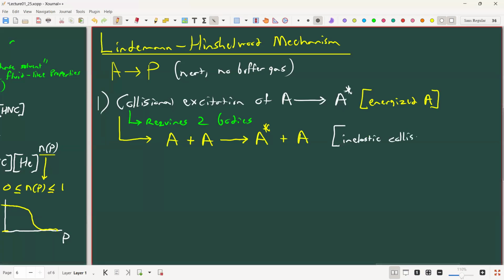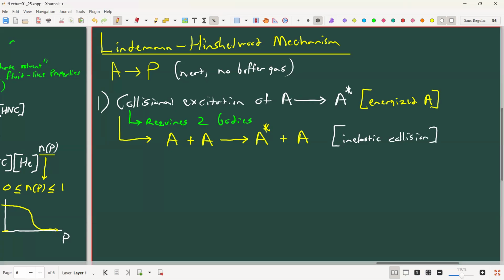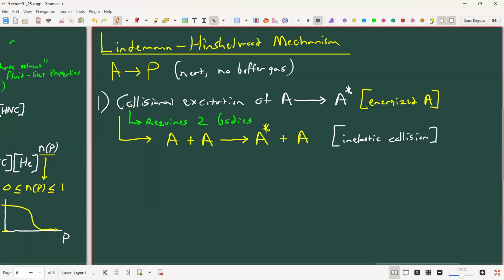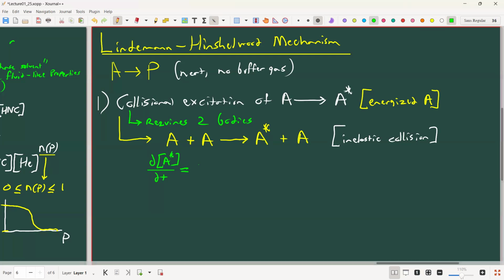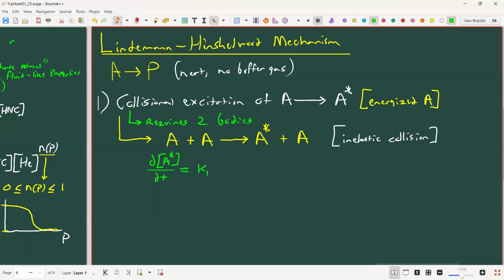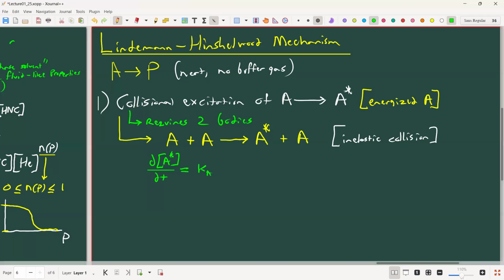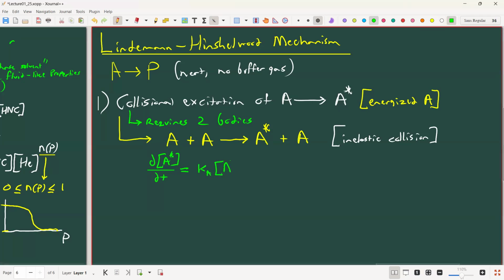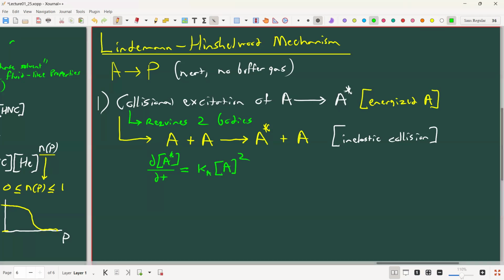One molecule of A is going to give another molecule of A some energy through a collision. So what is the rate law for this simple step? Well, the process d[A*]/dt is going to be some rate, we'll call it K1, I'll call it Ka, times the concentration of A squared. Right, you need two bodies to do this.